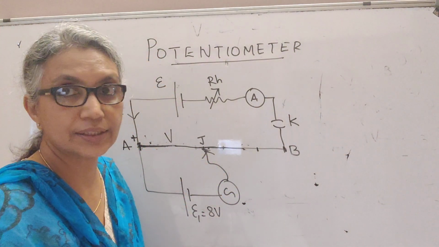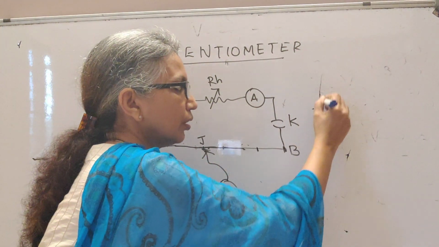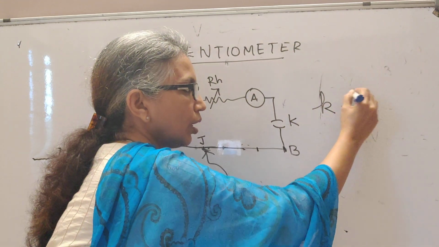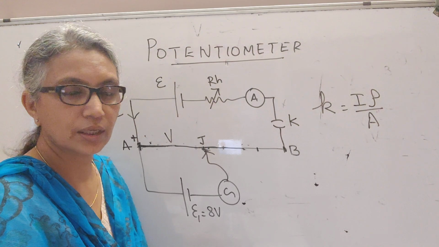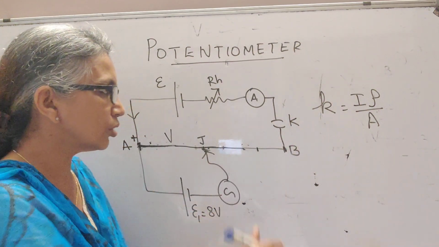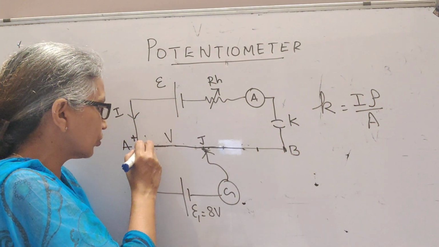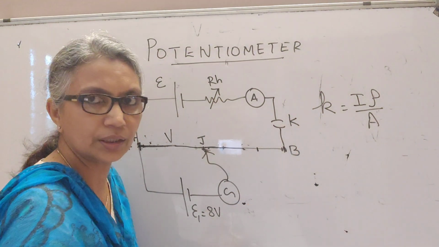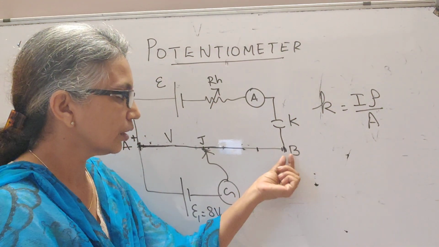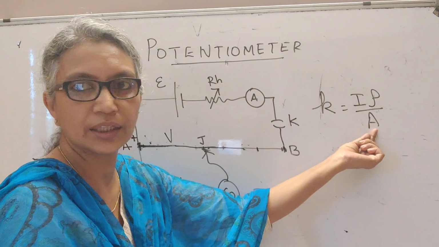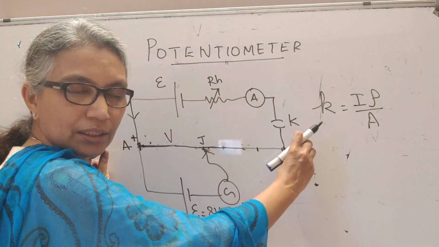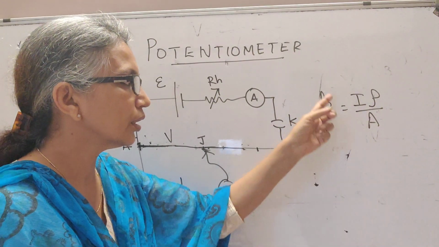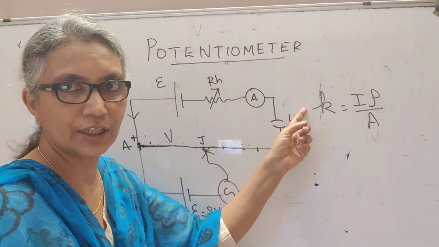Then there is something called the end error, where I told you K is equal to I rho by A. These are said to be constant. Now, if in the lab you take your readings very close to this end A or to this end B, then there may be slight changes in the area of cross section at the extreme ends, and because of that there will be a change in the K value.